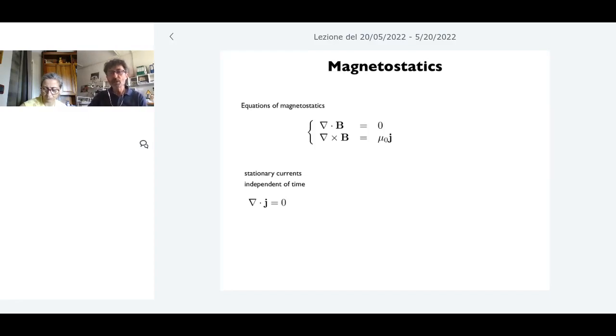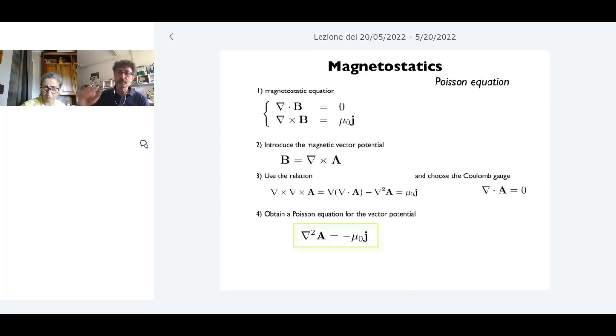How to solve these equations of magnetostatics? Well, we can do the following. The first is that the divergence of the B field is equal to 0. The second is that the curl of B is equal to mu 0 times J, where J are the current densities.